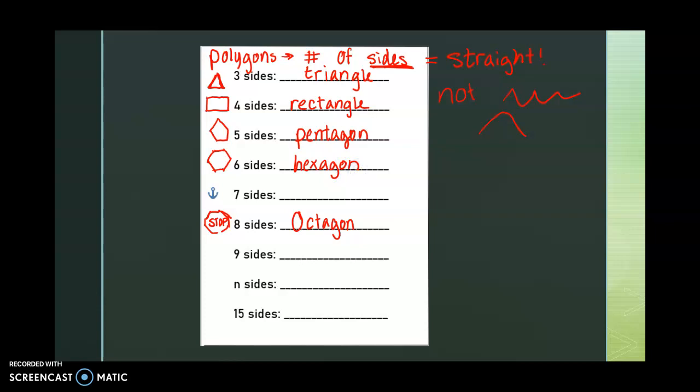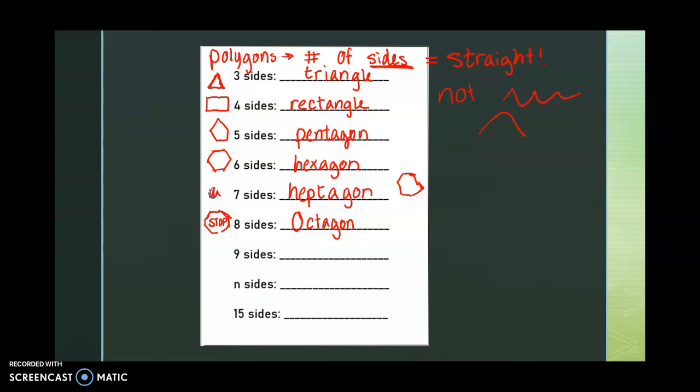Now, a lot of people, I'm going to draw it on the other side because the symbol's in the way for me here. But 7 sides, I'm not even going to be able to draw this nicely. But a lot of people don't know what 7 sides is called. That's going to be my 7-sided shape. Bear with me here. But 7 sides is called a heptagon. Heptagon.